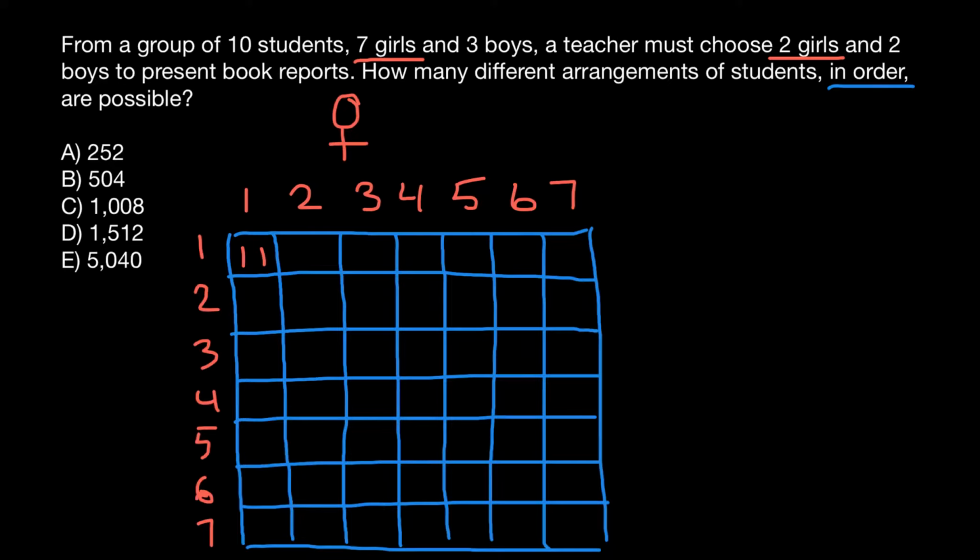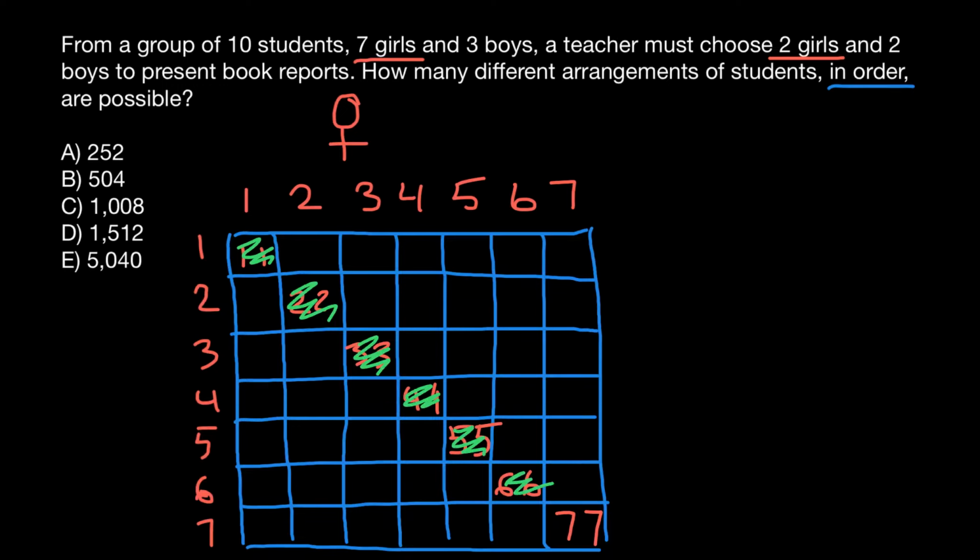From a group of 7 girls, we cannot choose 2 Natalias because each individual is unique. So this combination is not possible. And of course, other combinations are not possible: 2 and 2, 3 and 3, 4 and 4, 5 and 5, 6 and 6, 7 and 7. These combinations, as you see, are not possible.